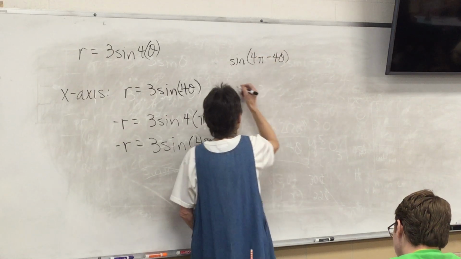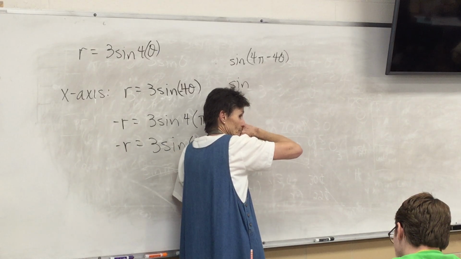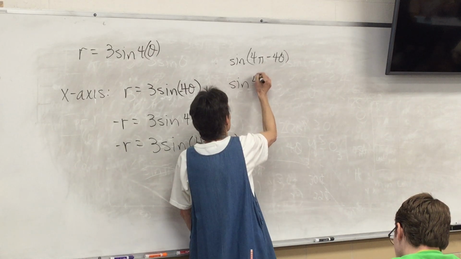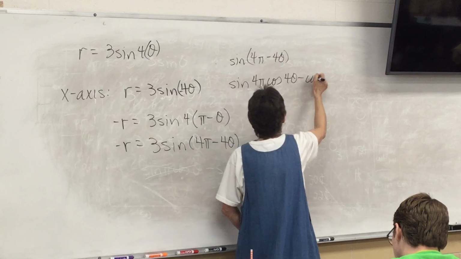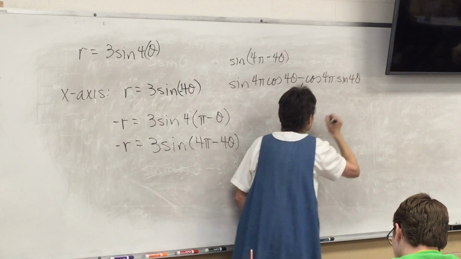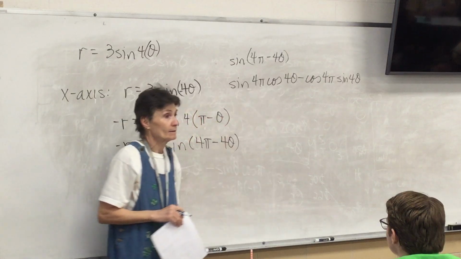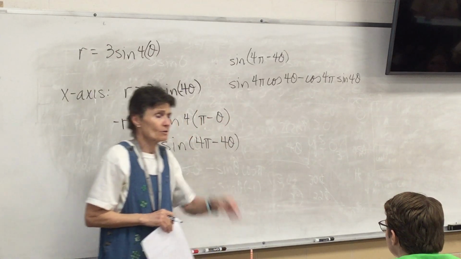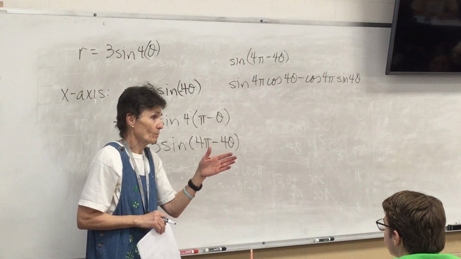Good thing you have your colored sheet. Here we go. That's your U and V. So sine of the first, cosine of the second, minus cosine of the first, sine of the second. Now don't be confused by the 4 pi. Where's 4 pi on the unit circle? Same place as 0, right?